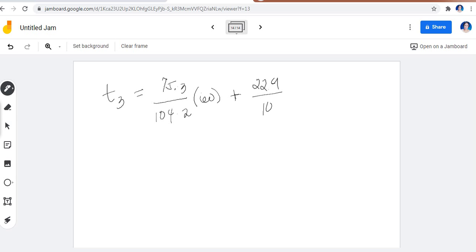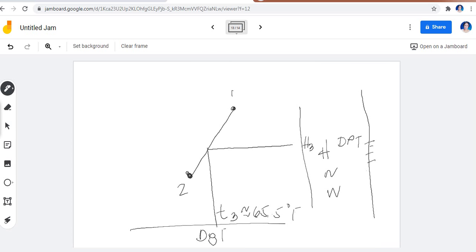We divide it by the total mass flow rate and the dry bulb temperature, which is 80 for stream 2. Your T3 here computed would also be around 65.5. So you can read it from the chart or you can solve it analytically. Either which, more or less, your value will really not differ that much.